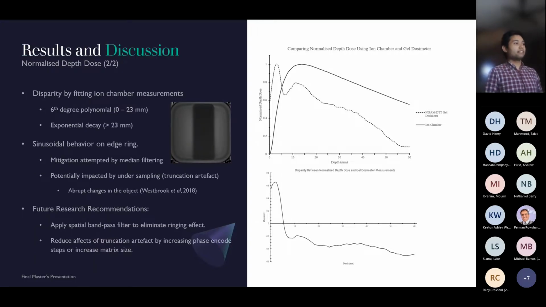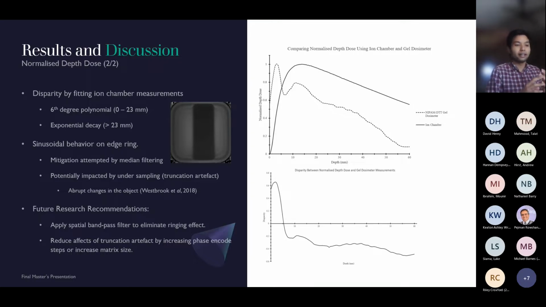The disparity was done by fitting an ion chamber to a curve, a 6-degree polynomial between 0 and 23 millimeters, and an exponential decay afterwards. And as you can see in the T2 image on the left-hand side, there was some sinusoidal behavior on the edge of the ring. So this might be impacted by undersampling or truncation artifact, which is caused by abrupt changes in the object.